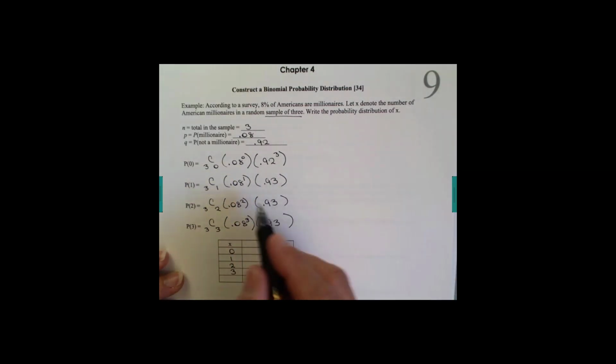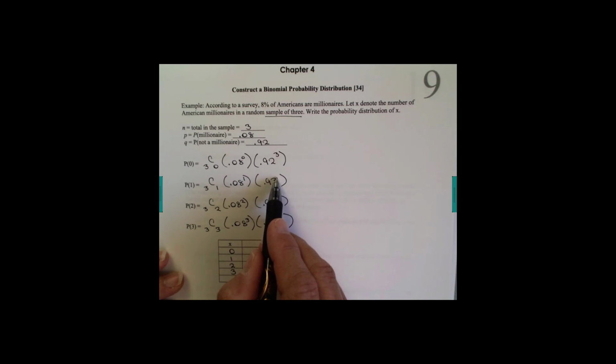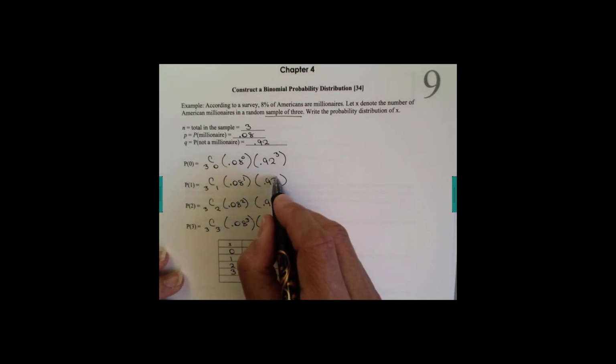And Q's are going to be sort of the opposites of that, the rest of it, right? Because this exponent plus this exponent has to always add up to whatever n is. So 1 plus 2, and 2 plus 1, and 3 plus 0. And I would have my exponents correct. And you would go ahead now and type these into your calculator, and I would let you do that and come up with these probabilities.